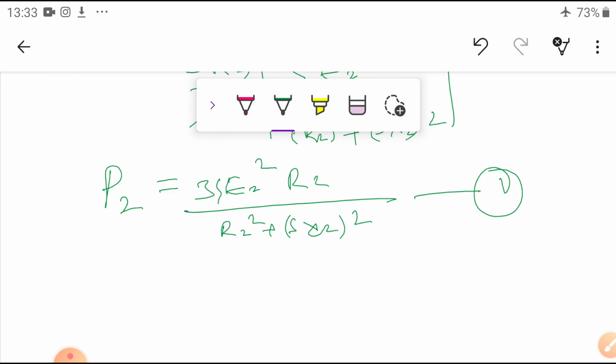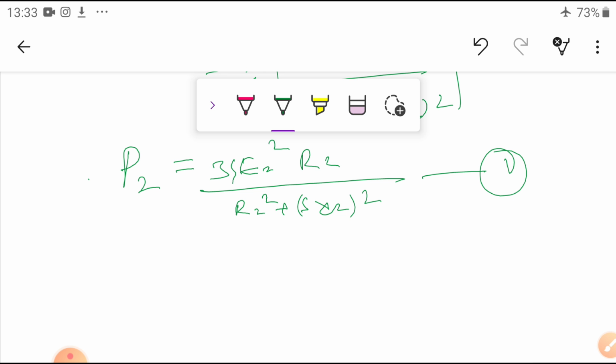So what is the P2? I want the torque now. Torque T is P2 by omega. So what is the P2 value?